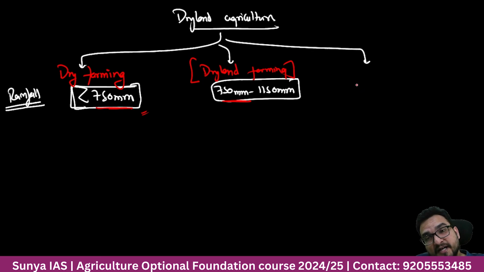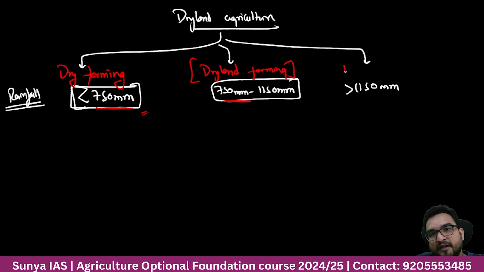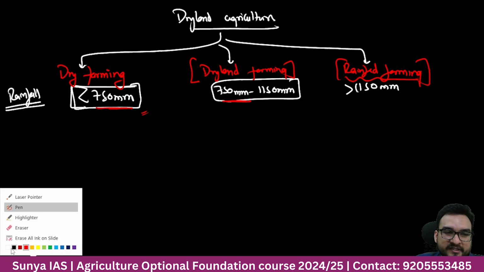Now the areas which receive greater than 1150 mm of rainfall are known as rain-fed farming. So these three categories you can see.